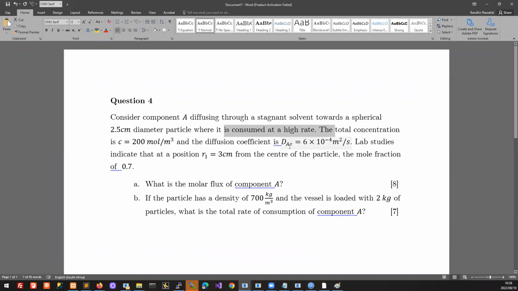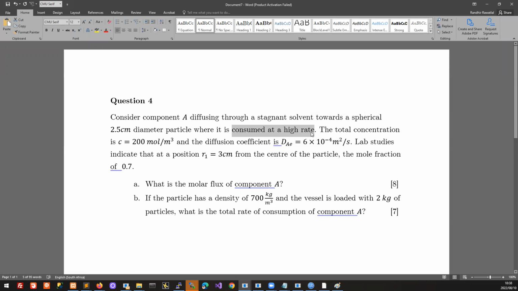When we see a term like high rate, we must always ask, what does that high mean? A relative term like high means something specific. And you'll see that's a recurring theme. Last time we also talked about some terms which looked like general things, like stagnant, but those translate to very specific statements in our development.